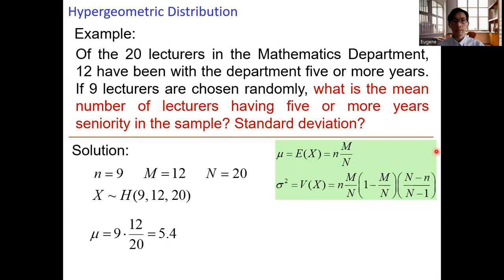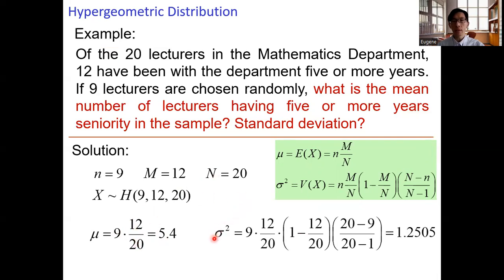Plug in the values, and we get the mean is 5.4, 9 times 12 over 20. And then the variance, we get 1.2505. Taking the square root to get the standard deviation, we get 1.1183. And this completes the example.